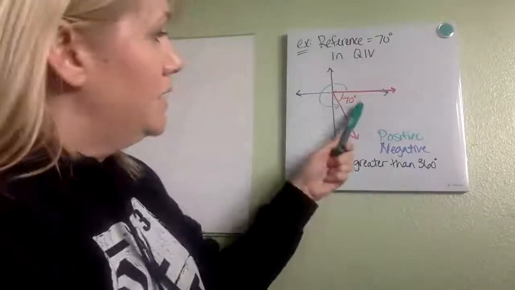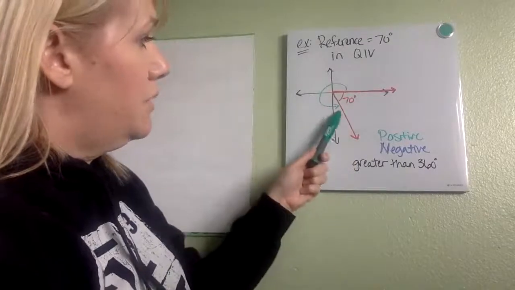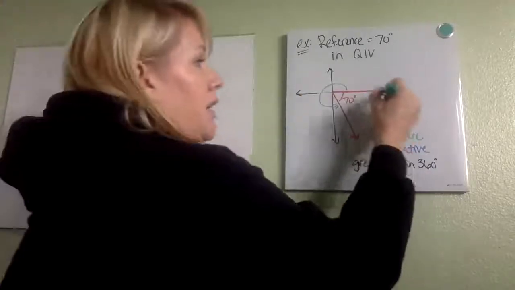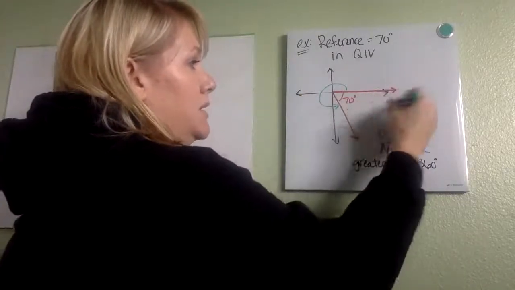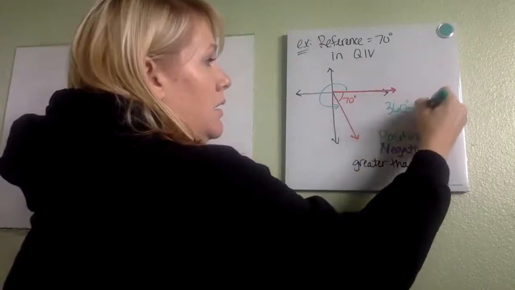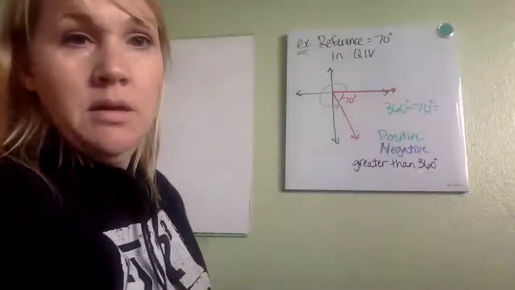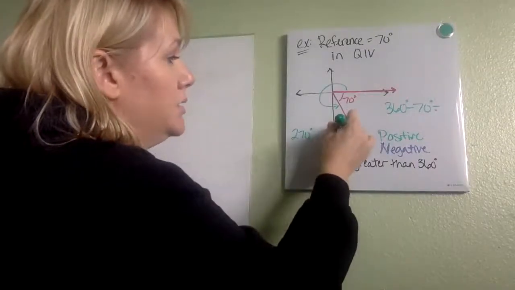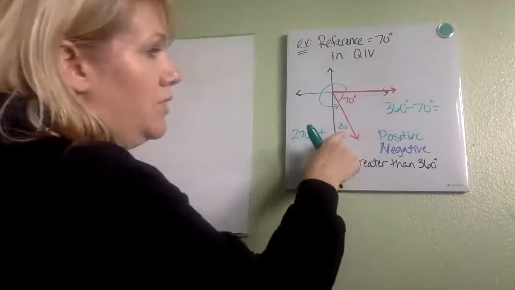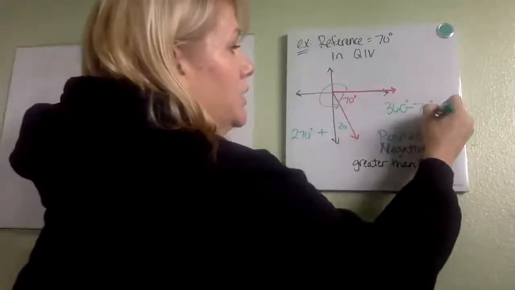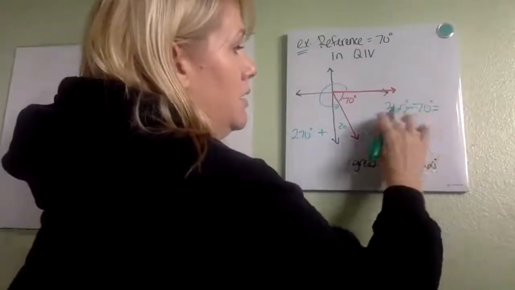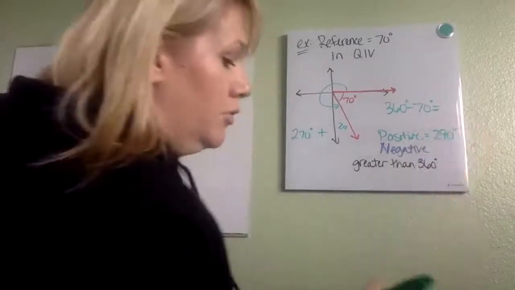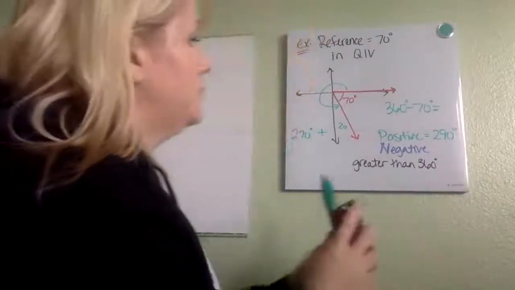You could think about that being 70 and this being 20 and go 270 plus 20, or you could do 360 minus 70, a full rotation minus 70. Or I could do 270, which would be right here, plus the 20-degree angle right there. Up to you how you do that. So the positive angle would be 290 degrees, either way, however you look at it.